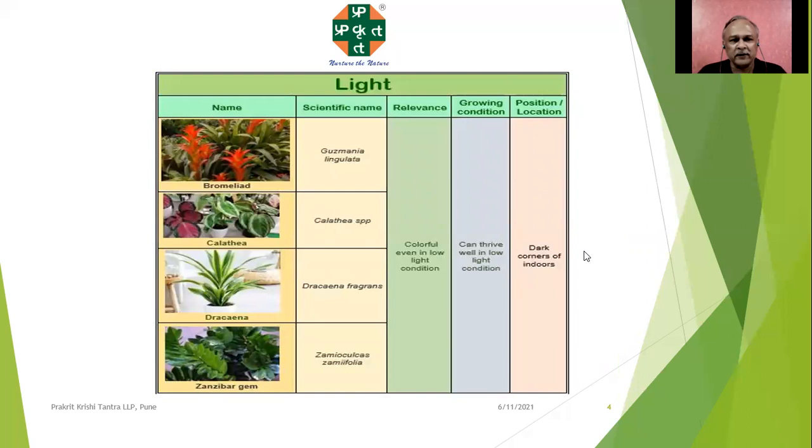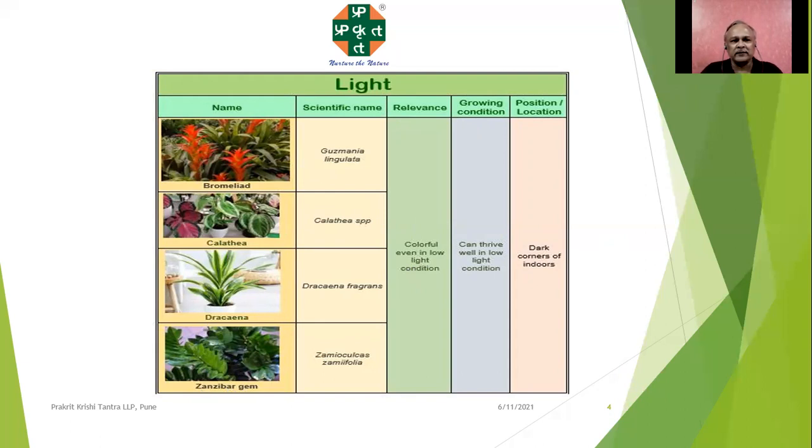So what is the impact of light? I have taken a few examples here, a few plants like bromeliad, calathea, dracaena, Zanzibar gem, etc. The relevance of these plants is that these are colorful even in low light conditions. So here I've taken the indoor plants actually, and indoor plants also can give color without flowering, because these are not flowering plants.